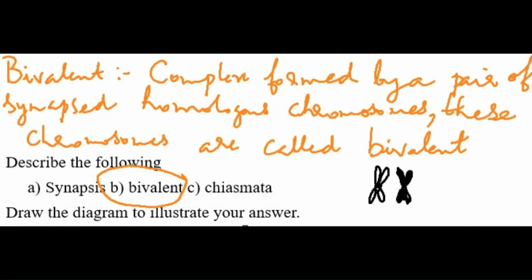Here you can see two homologous chromosomes are paired. So these two chromosomes will be called bivalent.